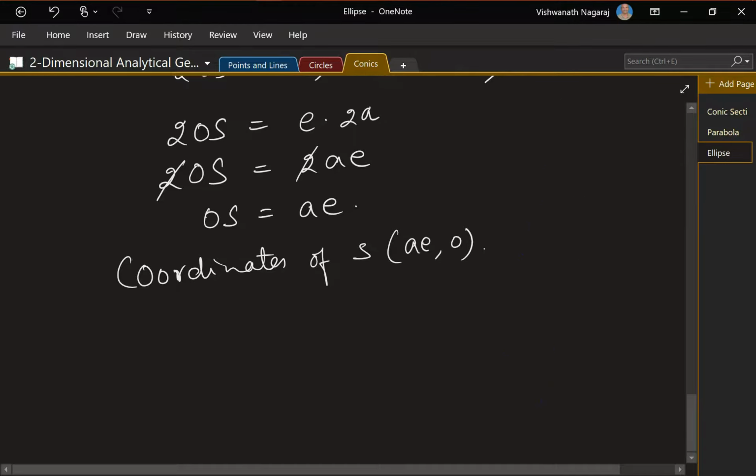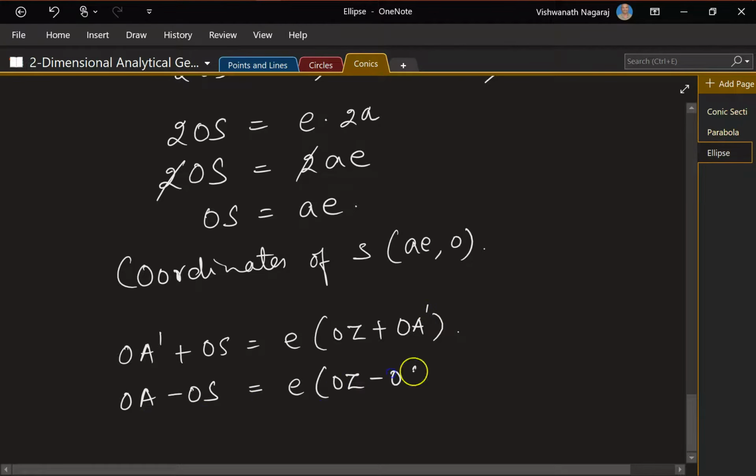Now we want OZ. So to get OZ, instead of subtracting, we are going to add those two equations. So OA dash plus OS is equal to E OZ plus OA dash, and OA minus OS is equal to E times OZ minus OA.